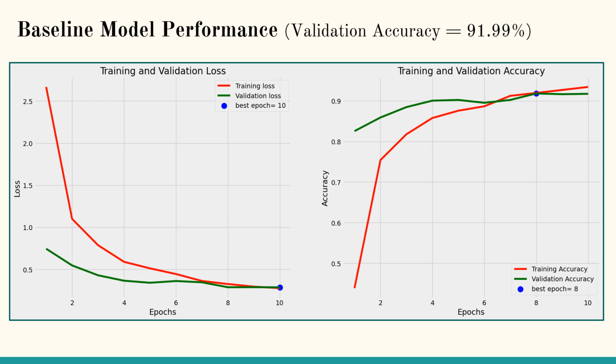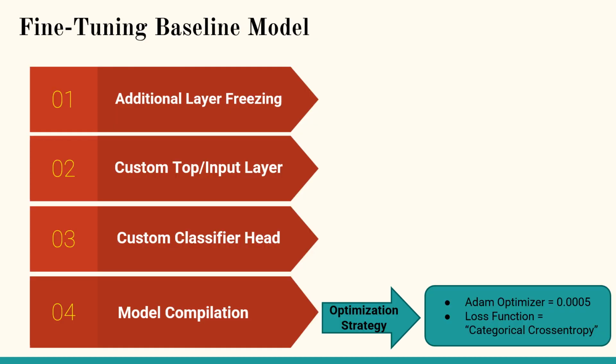As you can see here, as we increase our epochs, our level of loss decreased significantly, and our level of accuracy increased significantly. But we wanted to fine-tune our model and improve our accuracy. So we did this by using additional layer freezing, adding custom top layers and input layers, adding custom classifier heads, and then compiling it again.